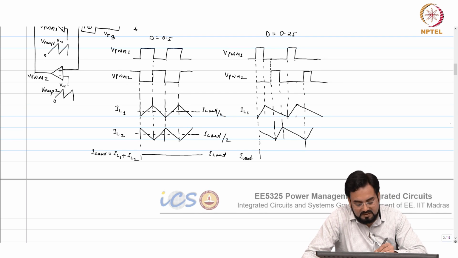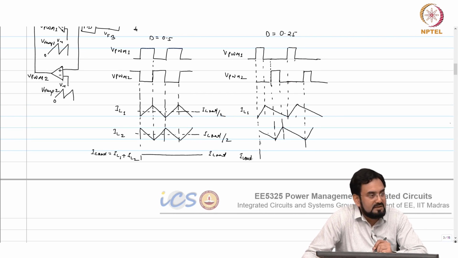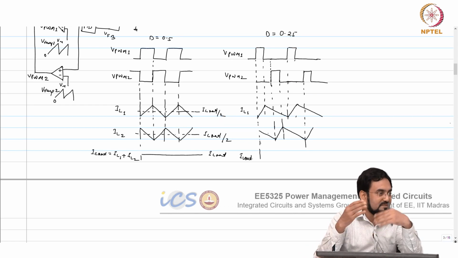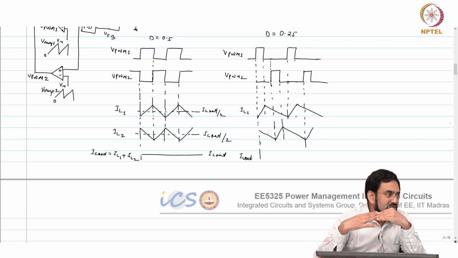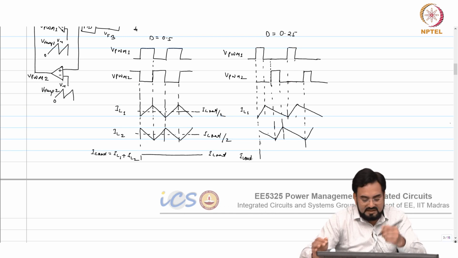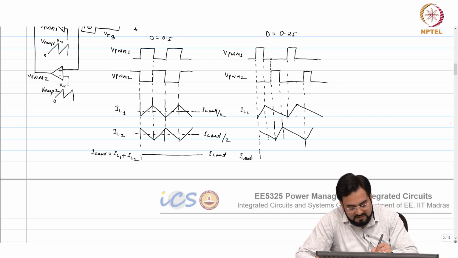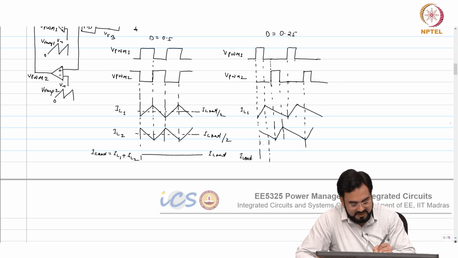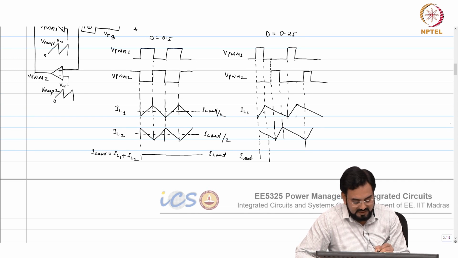So you have positive ripple and negative ripple, correct? So still you get some cancellation there, and then here both are positive. So which one has a higher slope here? Positive or negative? Positive.